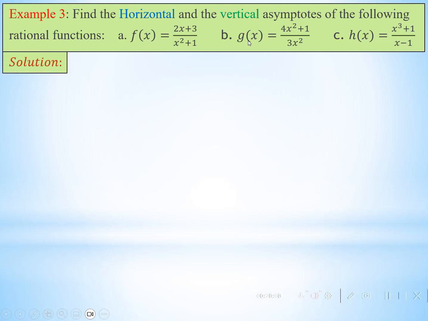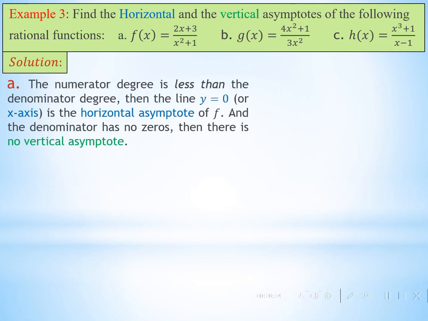For part A, about the horizontal asymptote, the degree of the numerator is less than the degree of the denominator. Therefore, the equation of the horizontal asymptote is directly y equals 0, or the x-axis. About the vertical asymptote, as we mentioned before, we deal only with the denominator.